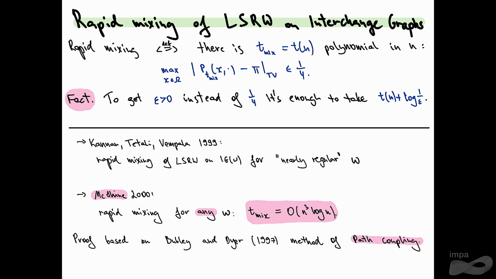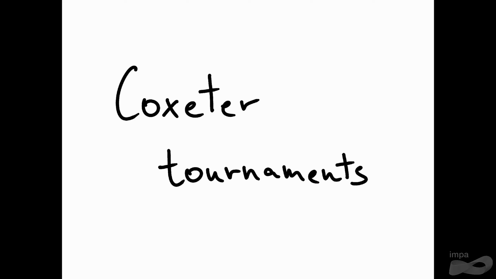The proof uses the path coupling method, which I will talk briefly about. It's a very cute application of the method, and I find it nice. Hopefully you'll find it nice as well. And the proof was much shorter than the weaker result of the previous authors. Okay, so this is the story of classical tournaments.